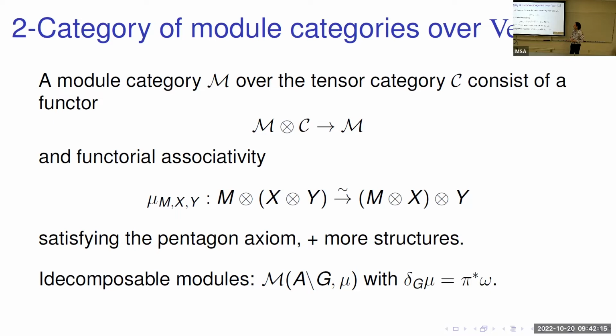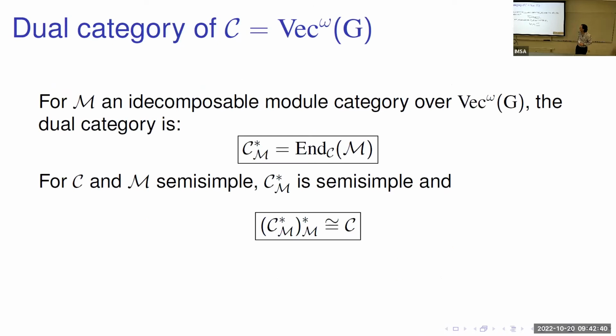What is important is that for you to have a module structure over this category, the irreducible ones are of orbit type, with some information over the orbit type that equivariantly trivializes the cocycle. That is very important. If you want to have a module, you need to trivialize the cocycle whenever you pull it back. Otherwise, you cannot get a module.